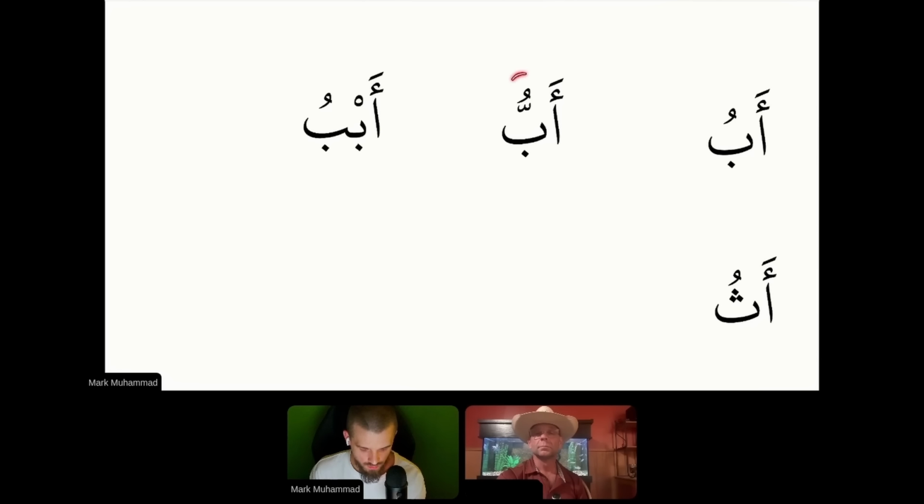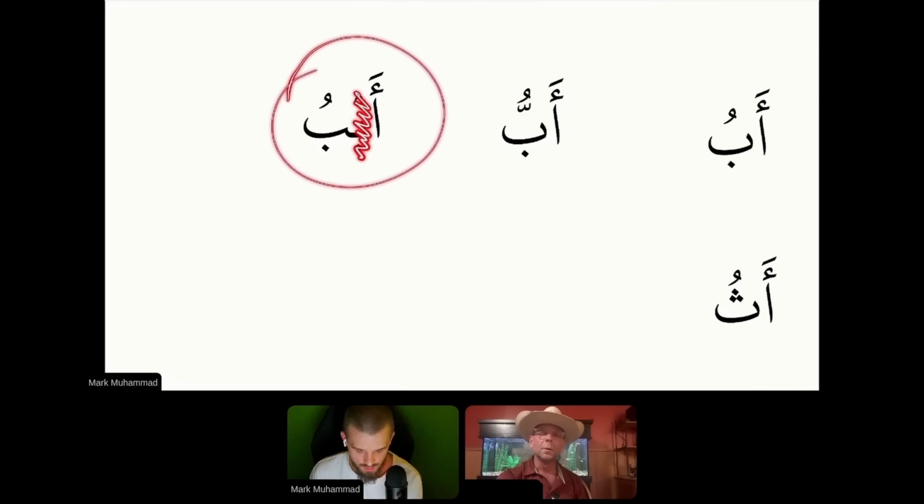So this symbol here is basically a doubling of the letter. Instead of just having the word over here, an a and a bu, if we delete that, it looks like this.